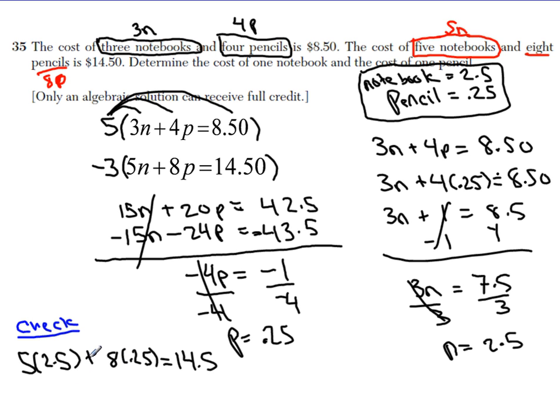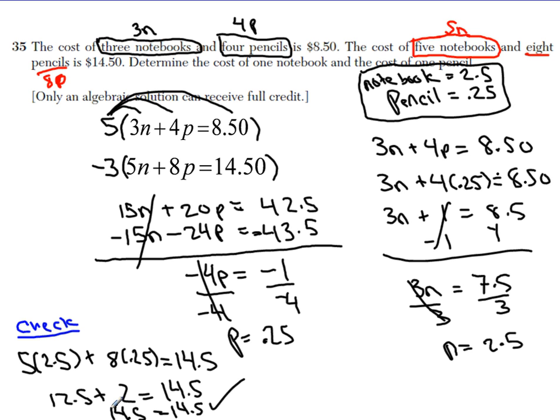So 5 times 2.5 is 12.5. 8 times 2.5 is, sorry, that's not 2.5, that's 8 times 0.25. 8 times 0.25 is going to give us 2. 12.5 plus 2 is 14.5. 14.5 equals 14.5. So yeah, it checked out.